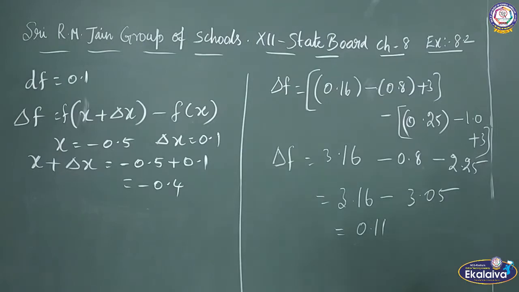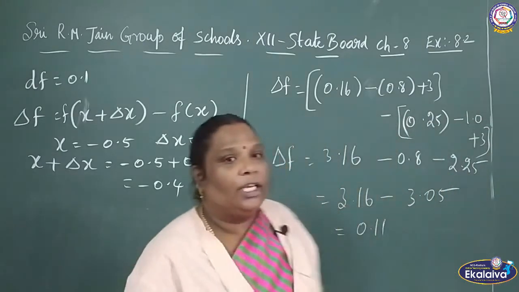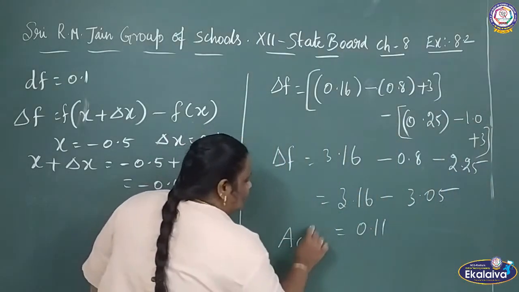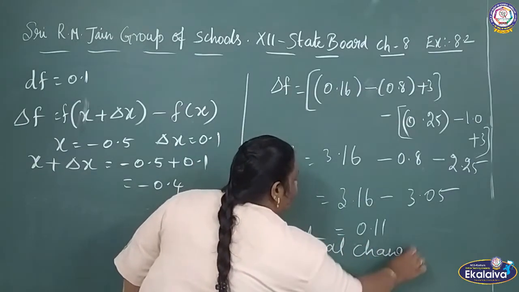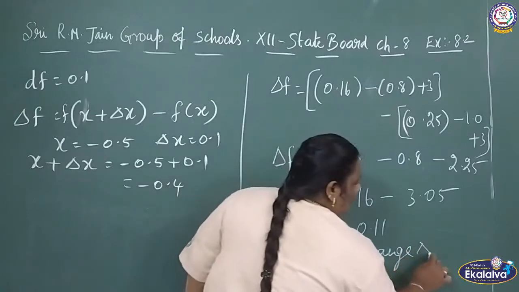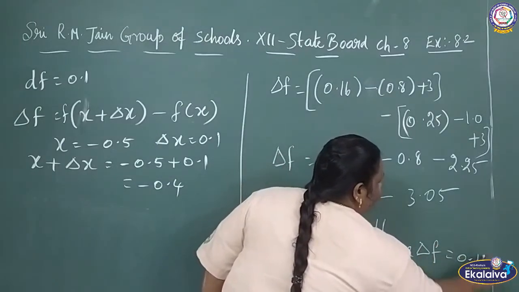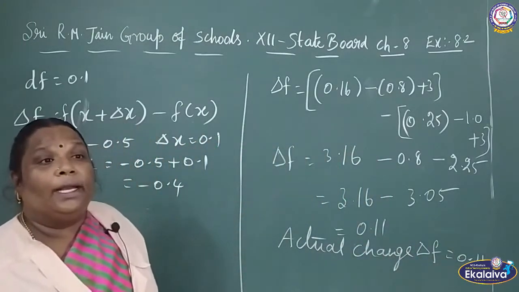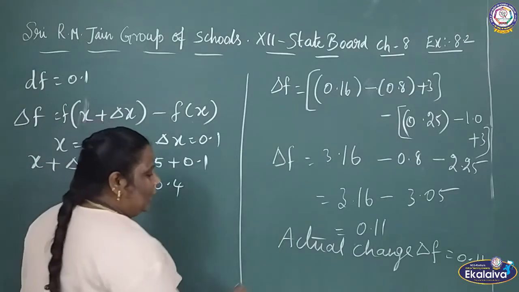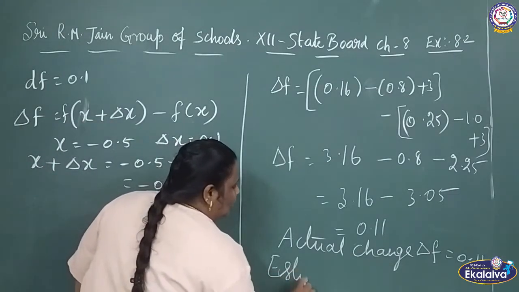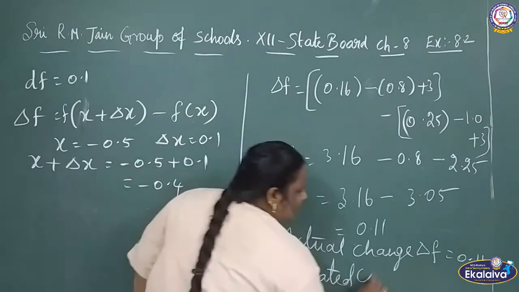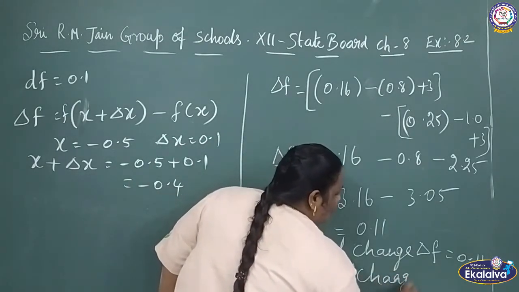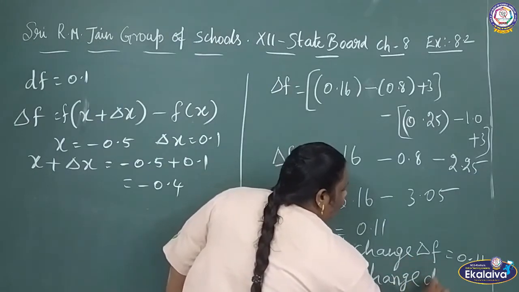0.11. So actual change, delta f equal to 0.11. Next one is estimated change, df.